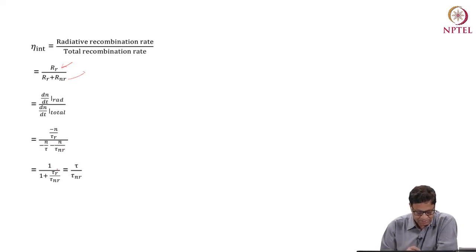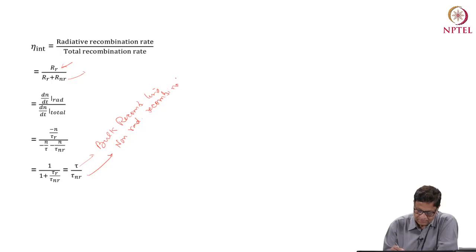This can be simplified, the N gets cancelled, and what you get for the internal efficiency is tau by tau R. Here tau is the bulk recombination time, and tau NR is the non-radiative recombination time.